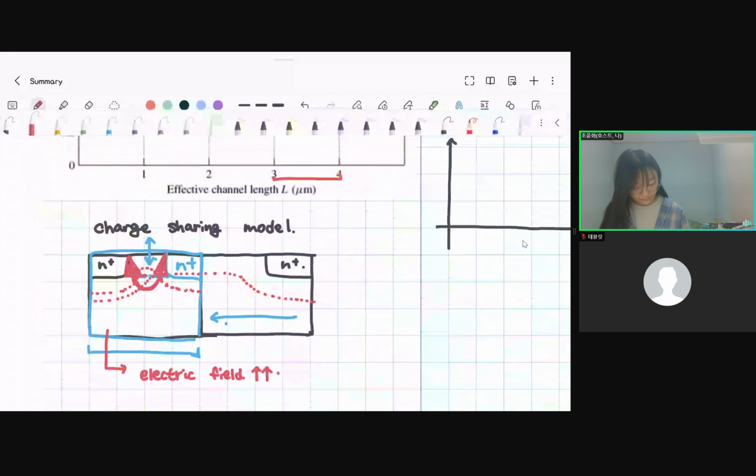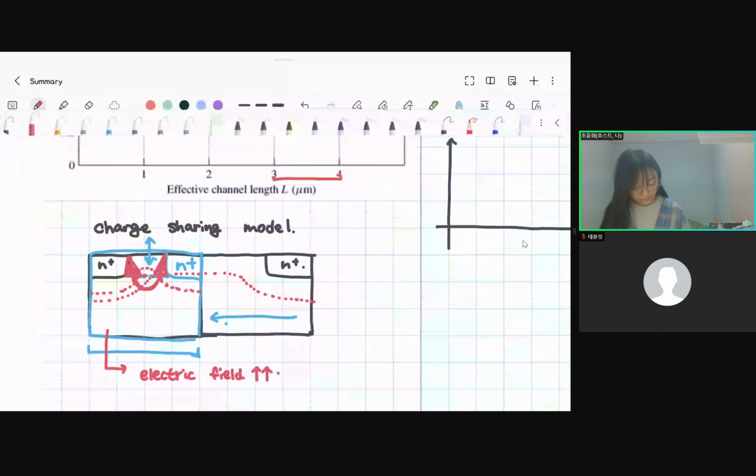So when we give a little gate bias to this device, it can easily make the channel from here. It means the threshold voltage is getting lower, so the VT, the threshold voltage, gets lower like this.